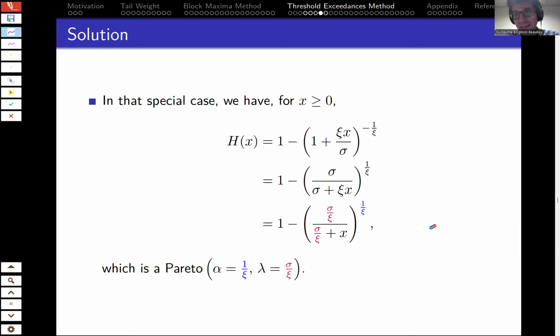And this is exactly a regular, two-parameter Pareto. You check your formula sheet. This exactly matches the Pareto with the parameter that we call lambda equal to sigma over Xi, and the parameter that we call alpha equal to 1 over Xi.